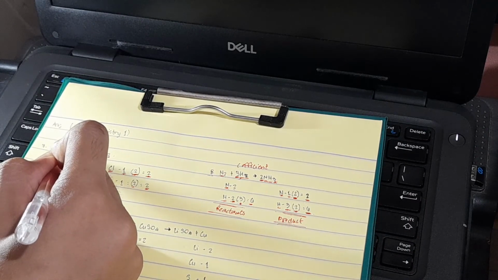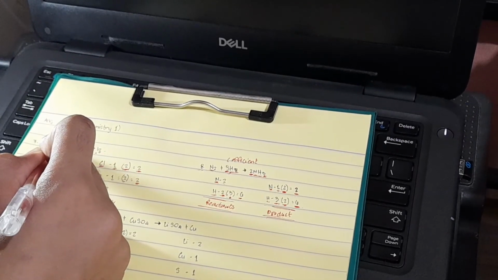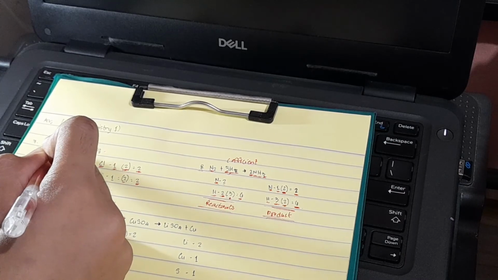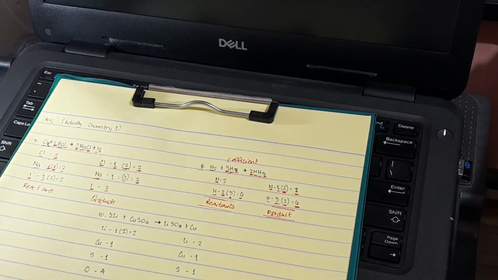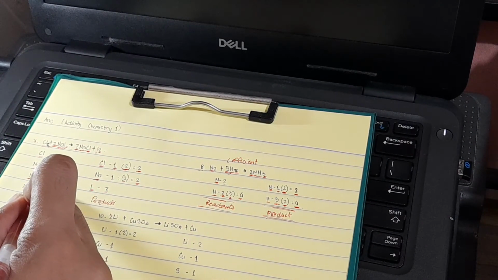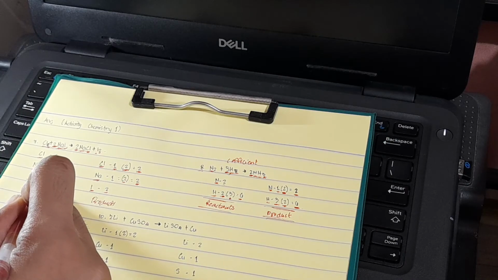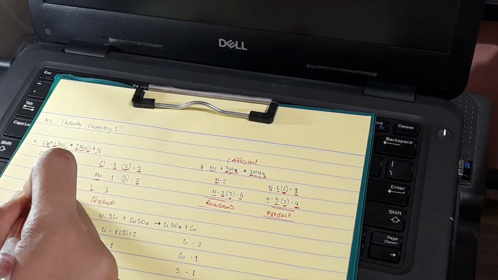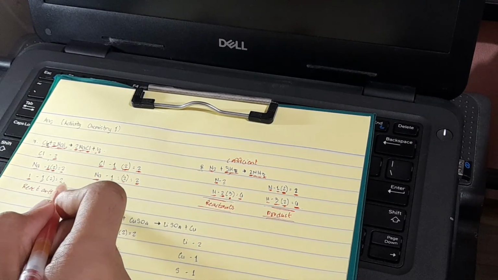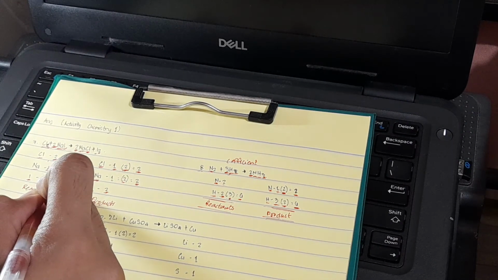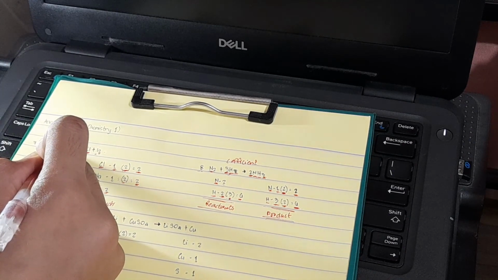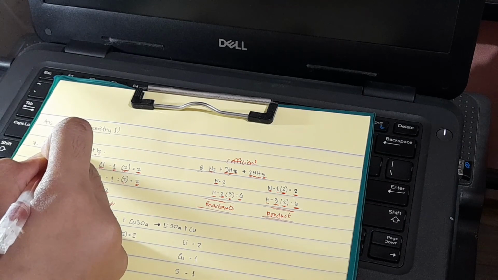And always remember 2 is a coefficient, and when you put the number before the symbol, it is called a coefficient. And do not forget to put a number before the symbol. Same here, I1 and I2 are not balanced. So of course, we put 2. But always be observant. There is 2 already in NaI.